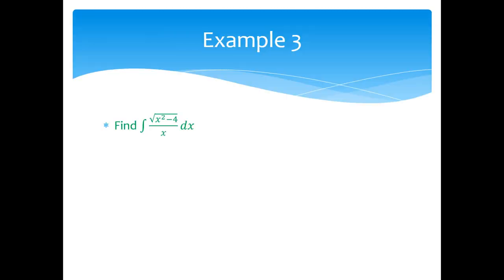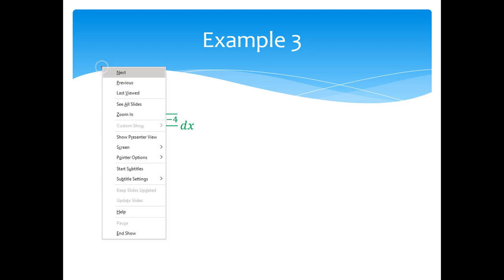Okay, in this problem, as we discussed earlier, we have x squared minus a squared under the radical. The substitution that we should be using is x equals a secant theta.